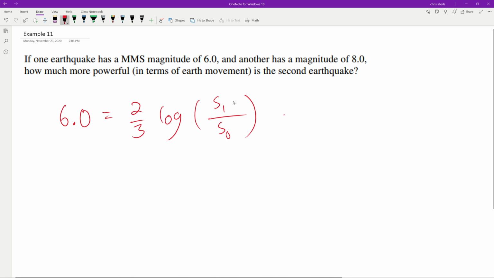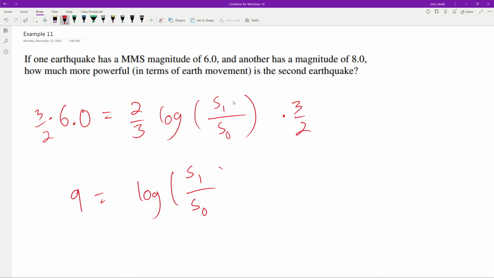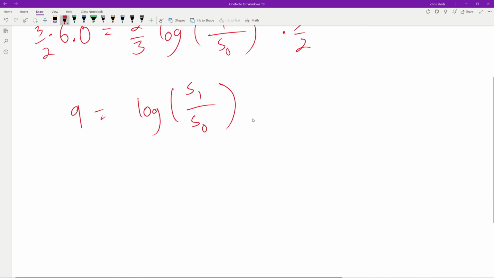I can multiply both sides by 3/2. Multiplying by 3/2 is the same thing as multiplying by 3 and dividing by 2. 6 times 3 is 18, divided by 2 is 9. This is equal to log of S1 divided by S naught. Exponentiating both sides, I get that 10 to the 9th is equal to S sub 1 divided by S naught.